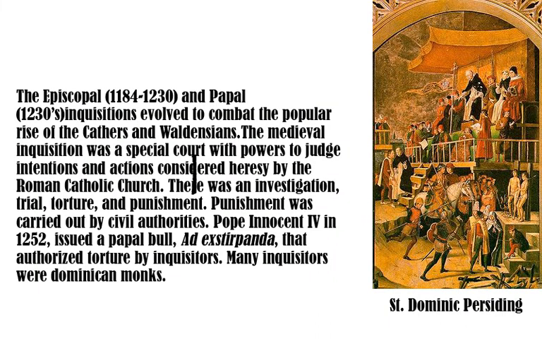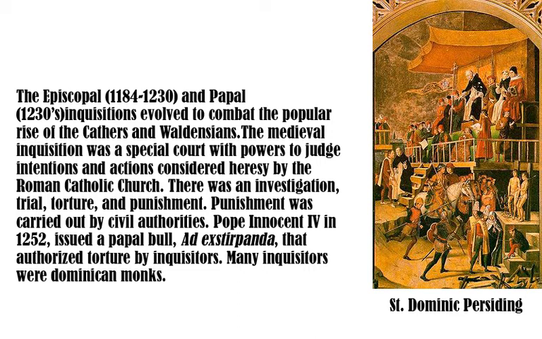Inquisitions, sort of a bad part of church history. The Episcopal and Papal Inquisitions evolved to combat the popular rise of the Cathars and Waldensians. The medieval Inquisition was a special court with powers to judge intentions and actions considered heresy by the Roman Catholic Church.